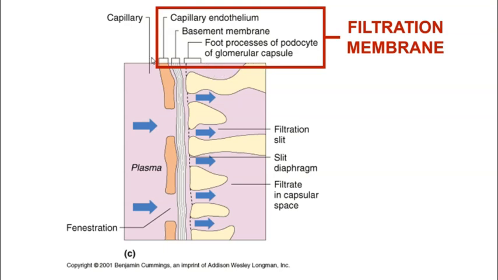So the filtration membrane consists of these three structures: the cells that make up the wall of those glomerular capillaries, the podocytes and their foot processes of the glomerular capsule, and the basement membrane that fuses them all together.